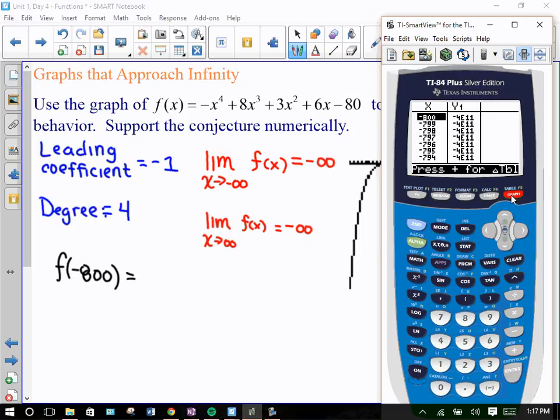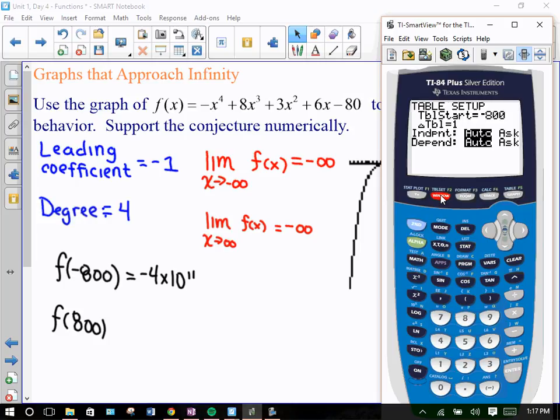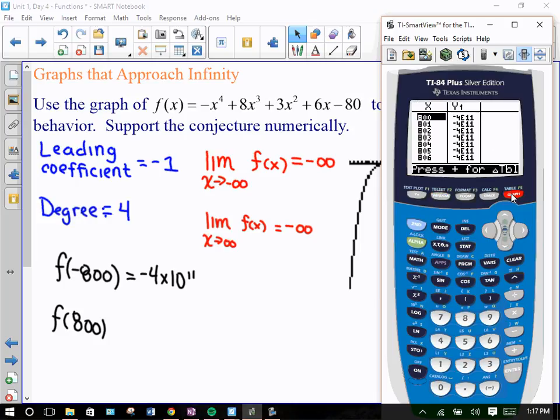So f of negative 800 is, and what's an easy way to write that down, without writing all the zeros, is negative 4 times 10 to the 11. All right, and then I need to check it. We'll do f of 800 just because I'm doing negative 800. Why not check 800? So we're going to go second window, and check at 800 instead of negative 800. Second graph.